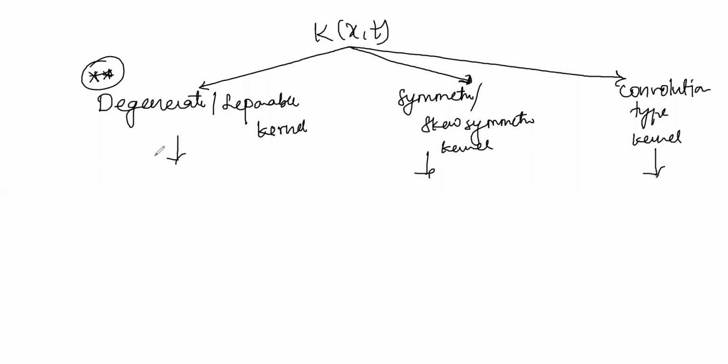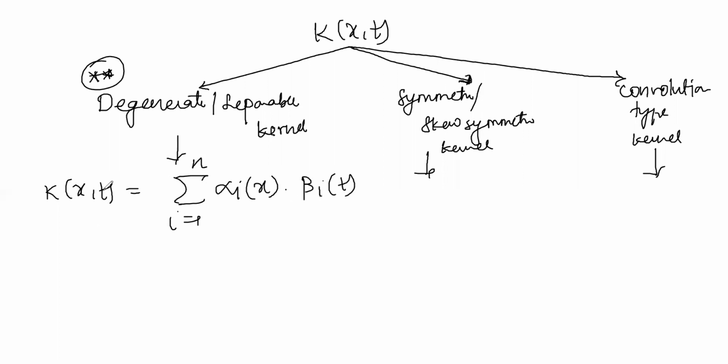Here, you can express your kernel K(x,t) as a sum for i equal to 1 to n of alpha i of x into beta i of t. So if I can express it completely as a function of x and a function of t, then my kernel in that case will be a separable kernel.